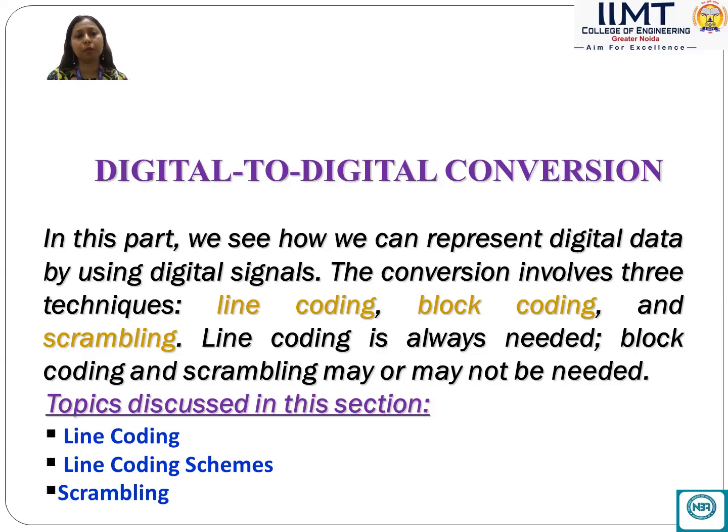The conversion involves three techniques: line coding, block coding, and scrambling. Line coding is always needed. Block coding and scrambling may or may not be needed. Topics for this section are line coding schemes, then scrambling.